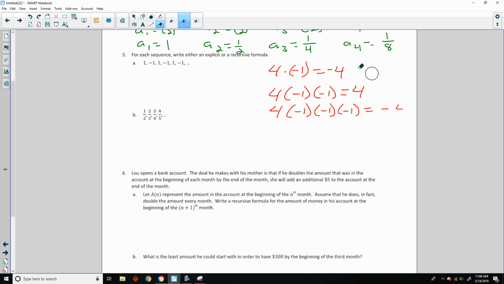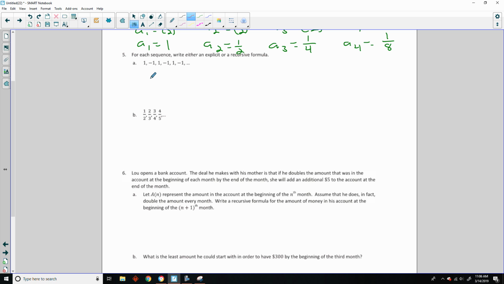With that said, that was just an example. I could say a sub n equals -1 to the power of n plus 1, where n is greater than or equal to 1. So if I start with 1 plus 1, that's 2. -1 squared is 1.